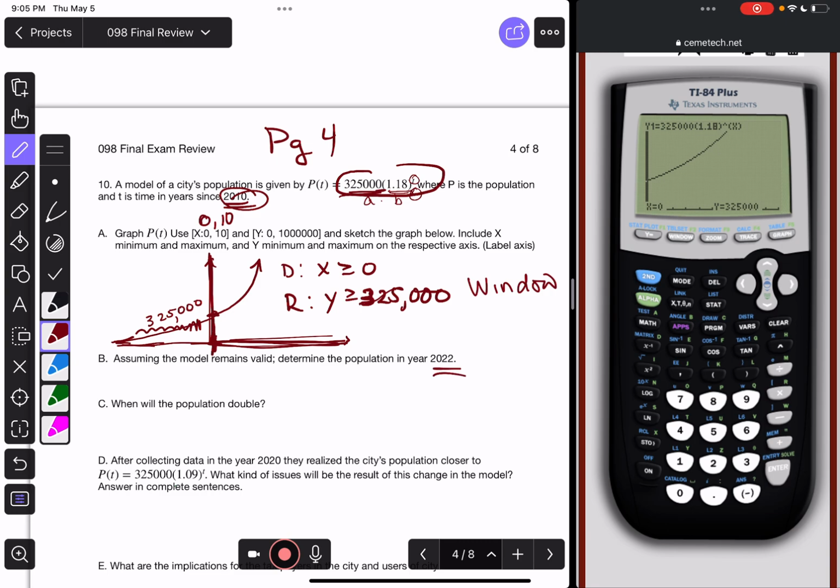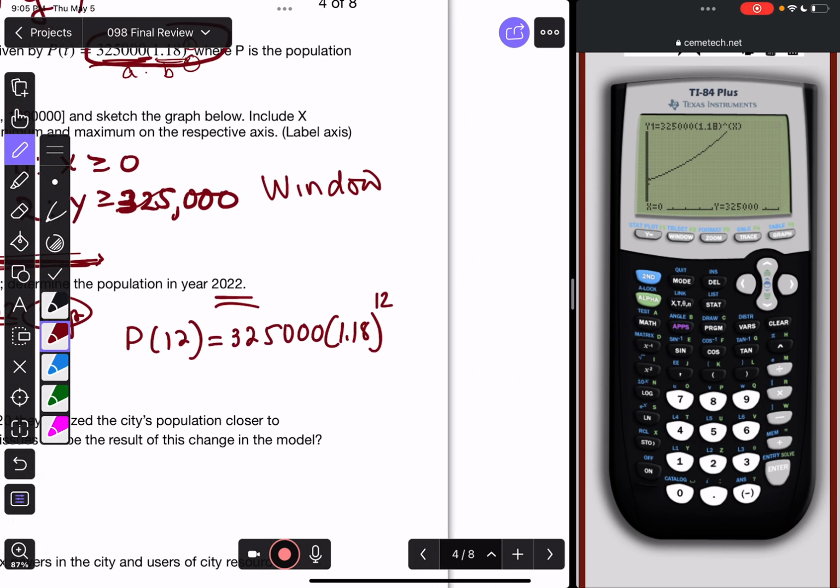Determine the population in 2022. So let's see here. This is measuring time since 2010. So that's 12 years. Okay, so we want to find the P of 12. What will the population be in 12 years? Certainly a calculator problem. I don't know what 1.18 to the 12th is, so we'll just do it on here.